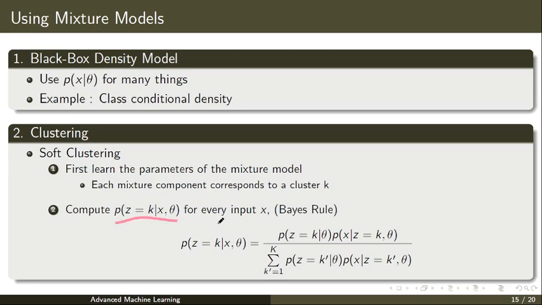You compute this by applying Bayes rule like this: P of Z equal to K given theta is your prior probability, and the probability of X given Z equal to K is visible to you, so that also can be calculated. Then the summation over k equal to 1 to K.